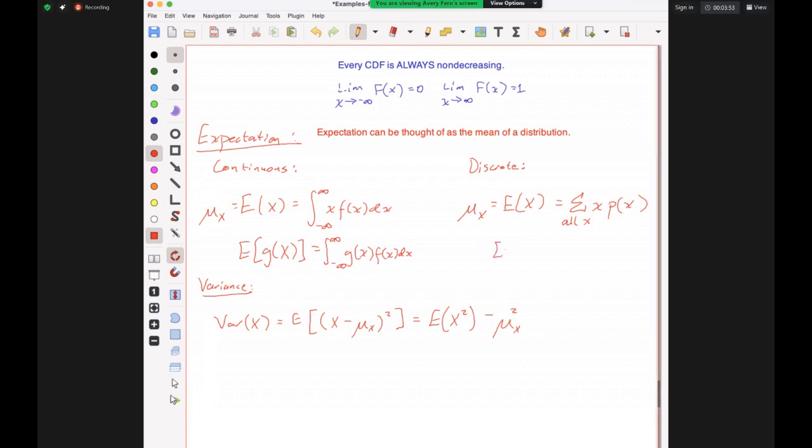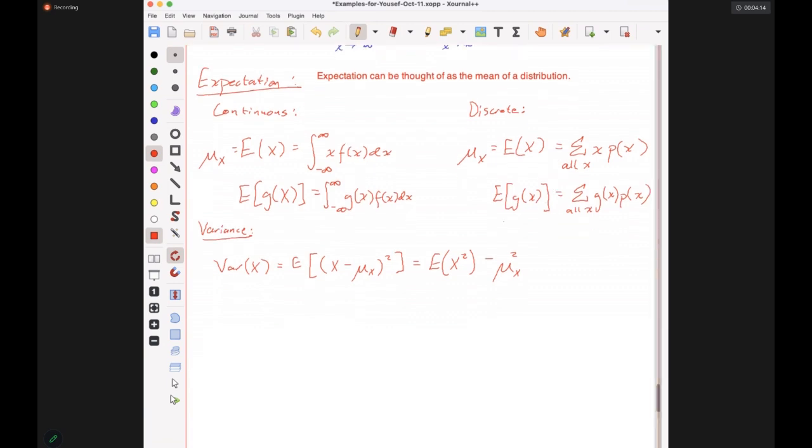For the discrete case, this is the sum over all values of x of g evaluated at little x times the mass function evaluated at little x.